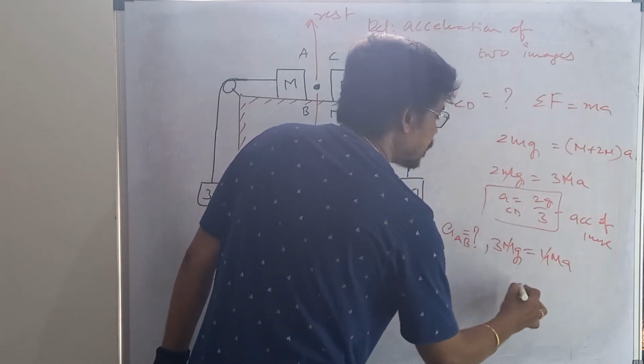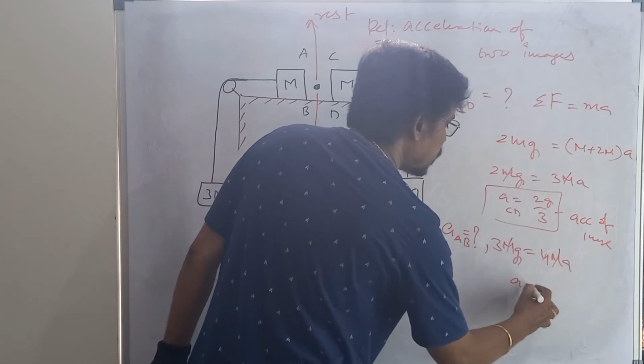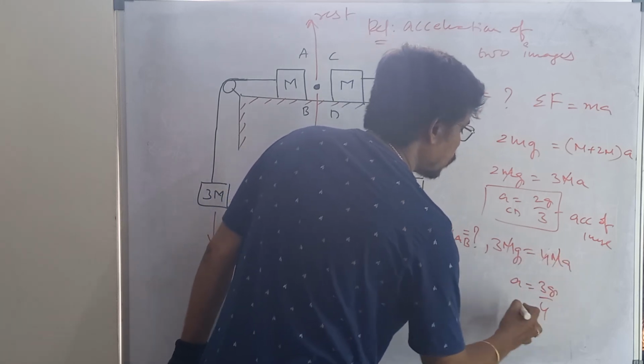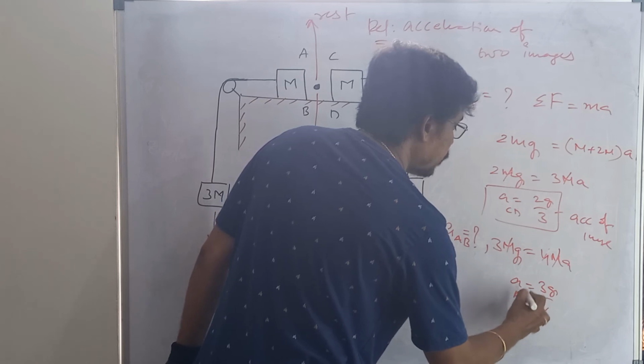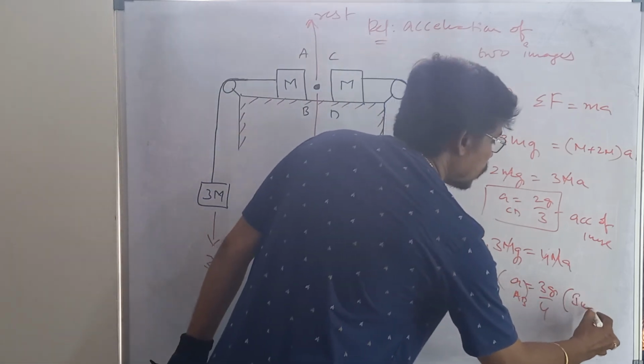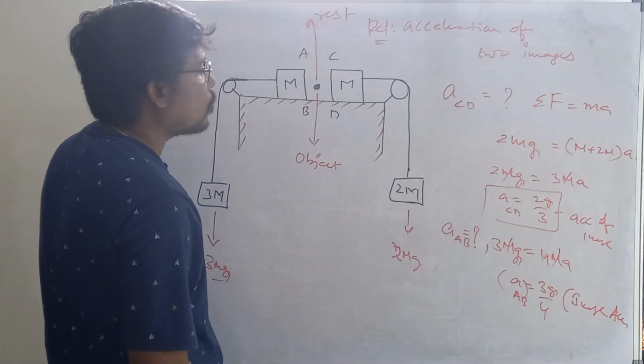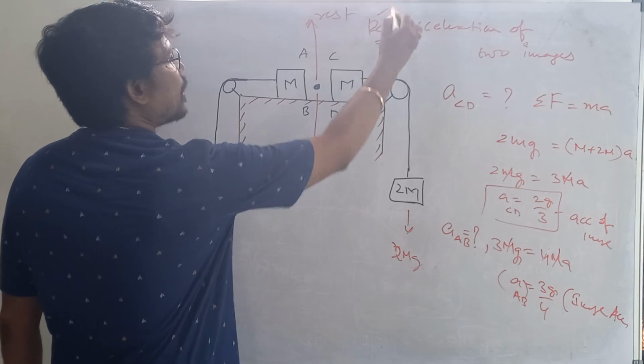The m gets cancelled. In this case a is equal to 3g by 4. This is the acceleration of the mirror for AB. Now the question is asking for relative acceleration.